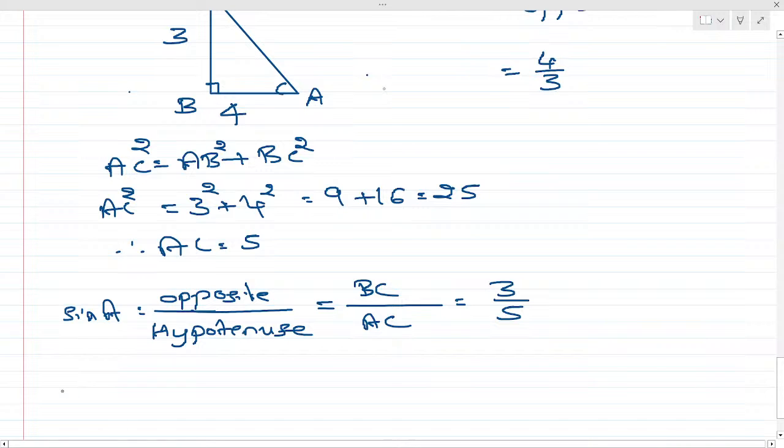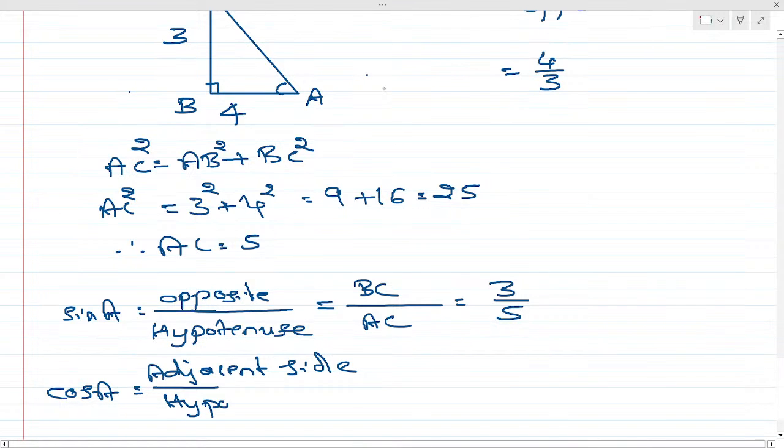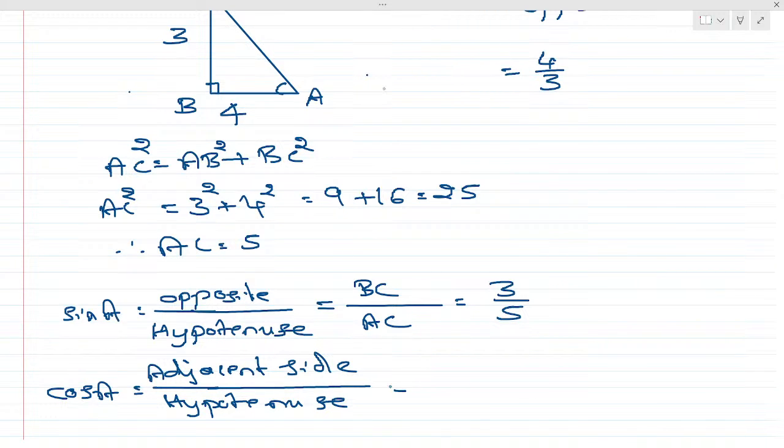Next I have is cos A. Cos A is adjacent by hypotenuse, that is AB by AC, so 4 over 5.